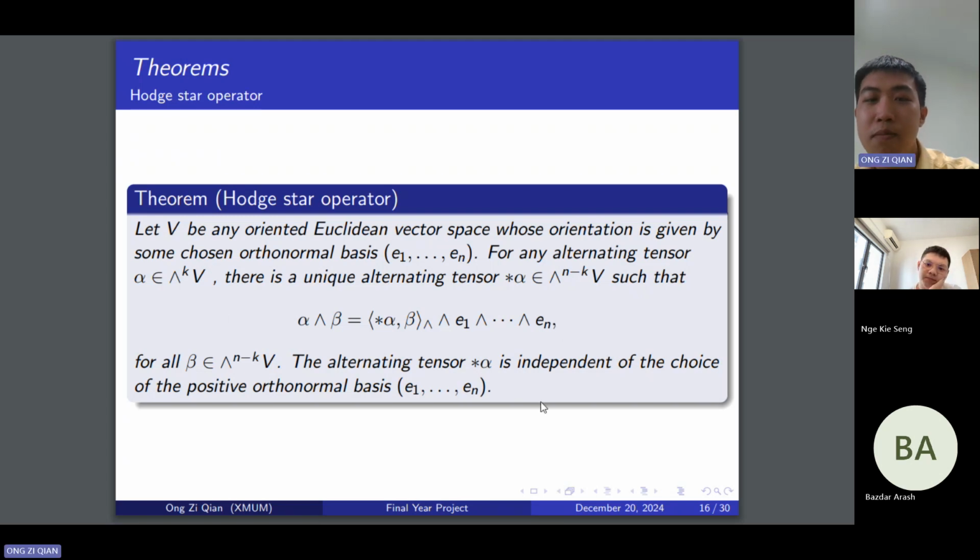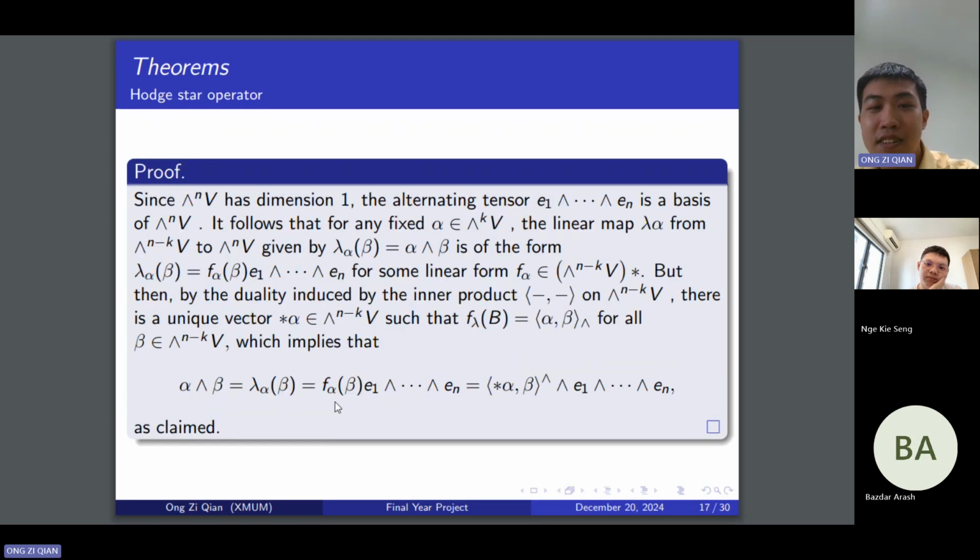And the theorem says that this unique alternating tensor is independent of the basis E1 until En as long as the orientation doesn't change. Here I give a proof using some other theorem.